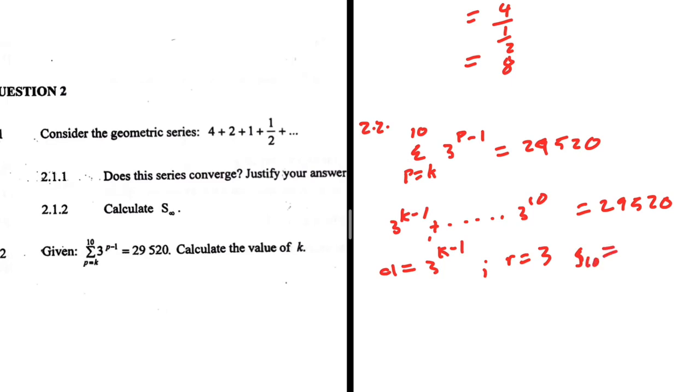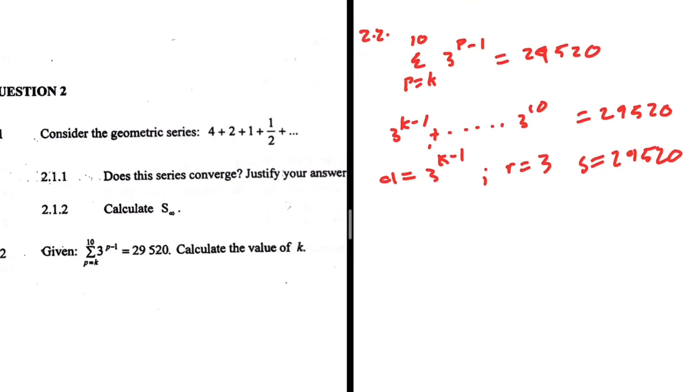And we have the sum. We don't have the number of terms actually, because we are summing from k to 10, and this equals 29,520. So we can formally say that the sum of n terms is a multiplied by (r^n − 1), everything divided by r − 1.